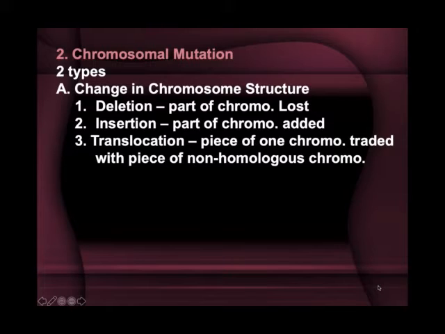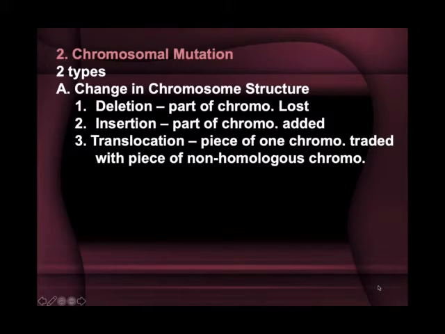So that's a big piece to be missing. A deletion is when part of a chromosome is lost. An insertion is when you add a piece of chromosome on there. Sometimes, when they are in the chromatin form and then condense into chromosomes, they stick together.